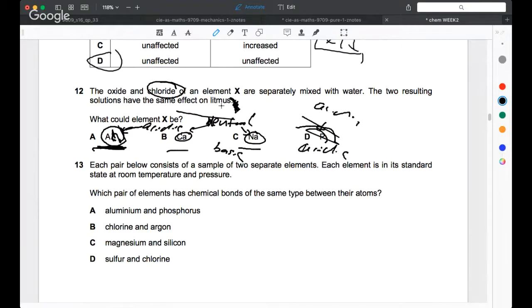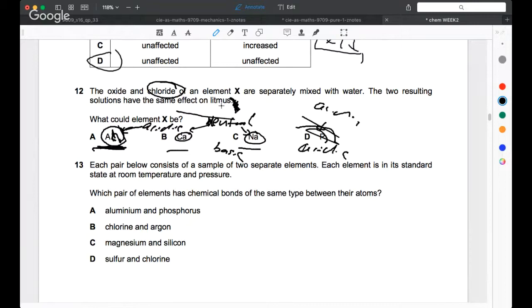I know that ammonia changes the color of litmus paper. If it's a basic property, litmus paper will change from a specific color to another, and if it's acidic, it'll change from another color to a different color. It depends on what types of litmus paper you have.